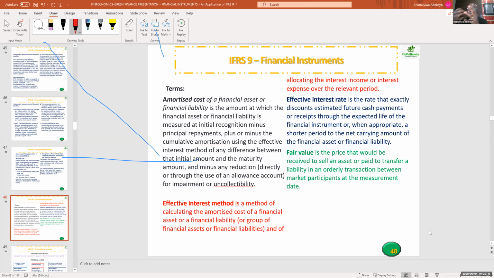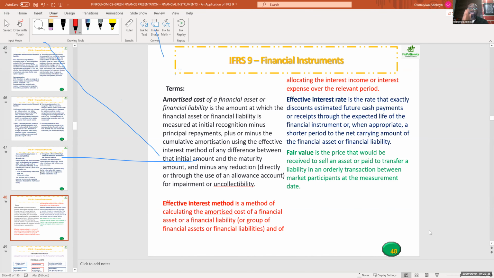Again, I'll reflect on what amortized cost is in its real sense. What we did yesterday is summarized by this slide so that you can picture the practical aspect of applying amortized cost measurement to the theoretical aspect.